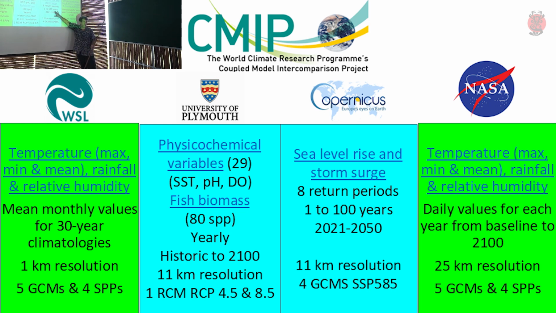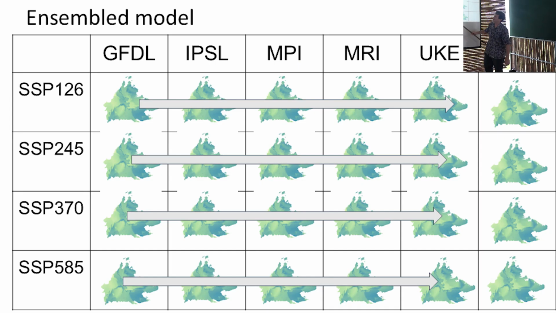A once in 100 year storm is one that you only get maybe once in your lifetime, or maybe less. So it's a really big storm, and the storm surge will be very high.